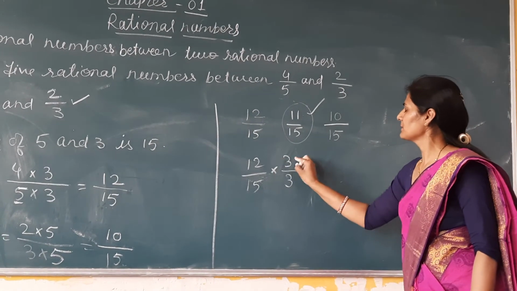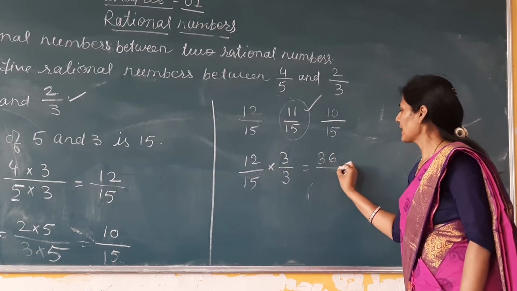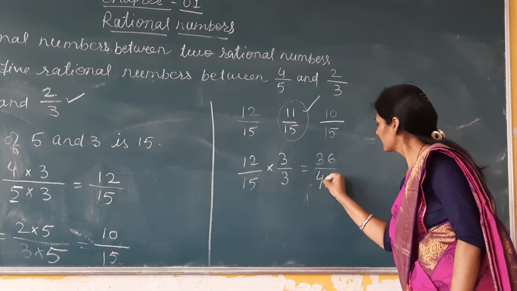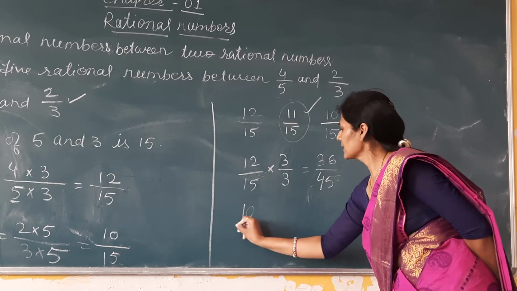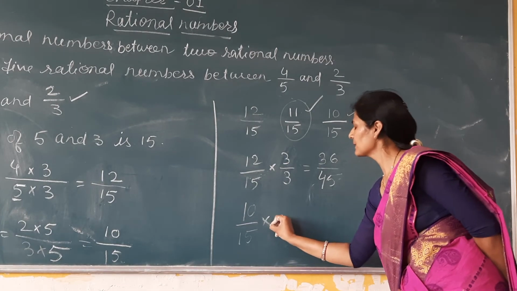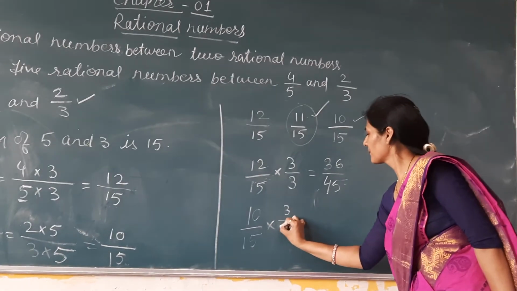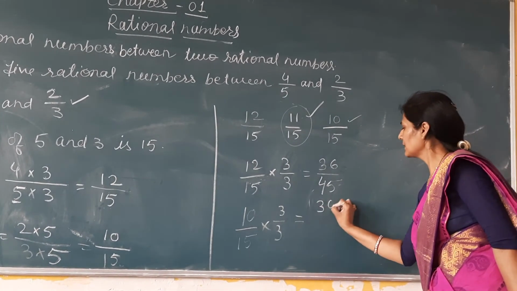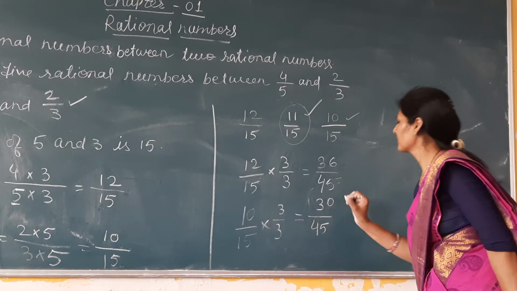Then 12 multiplied by 3 कितना होगा 36 and 15 3s are 45. Next rational number is 10 upon 15. Again you multiply this 10 upon 15 by 3. 10 3s are 30 and 15 3s are 45.